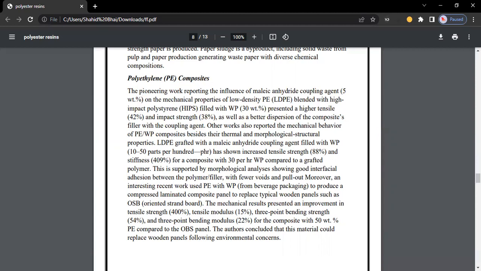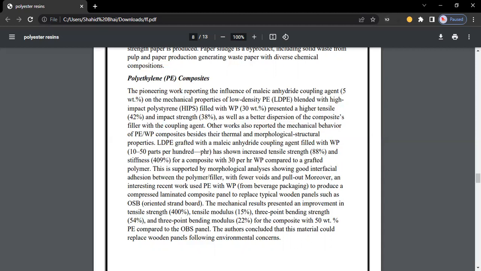I mean the interesting recent work used the WP from beverage packaging to produce a composite laminated panel to replace typical wooden panels such as the particle standard board.